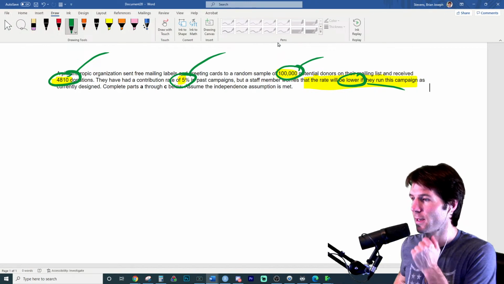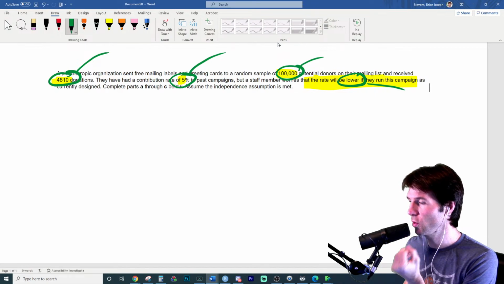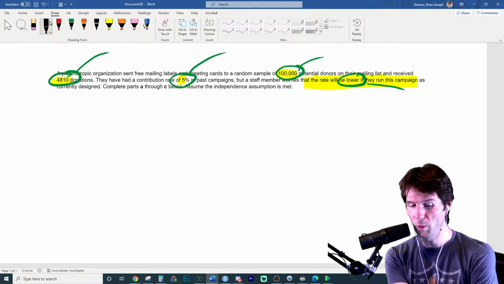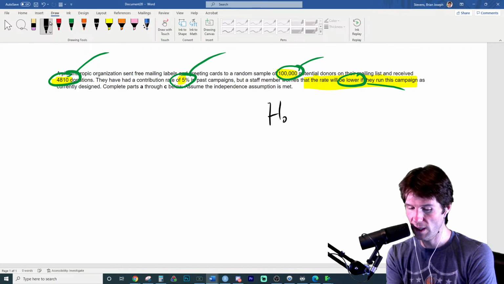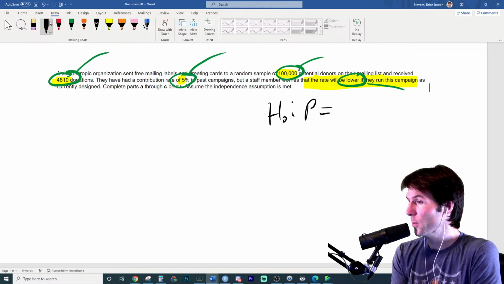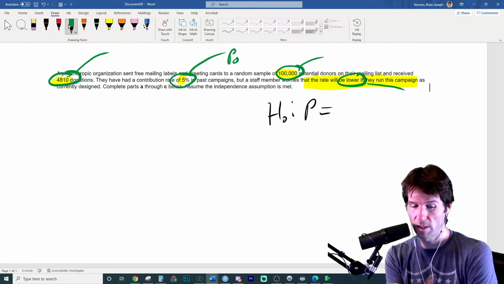If nothing has changed, then the true proportion of people who donate would be equal to what? The null hypothesis states that the true proportion, and we always put the equal sign in the null, would be equal to the null proportion, which is this right here.